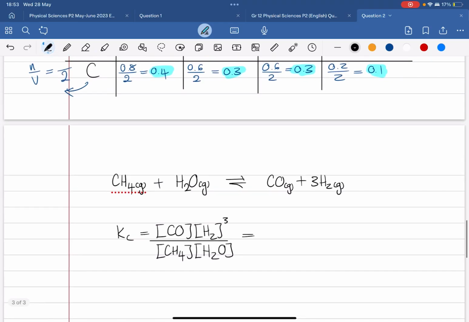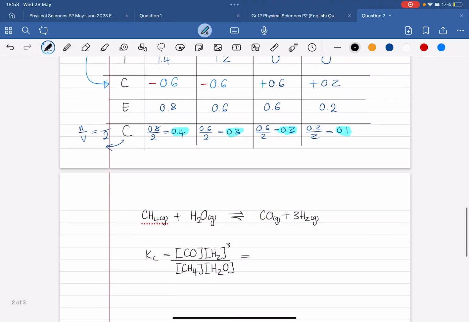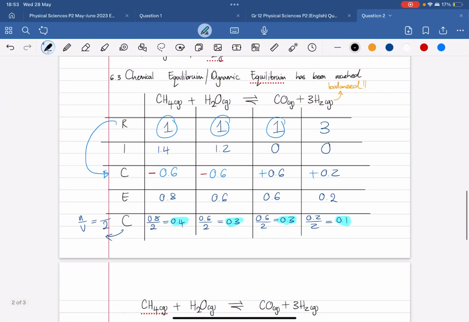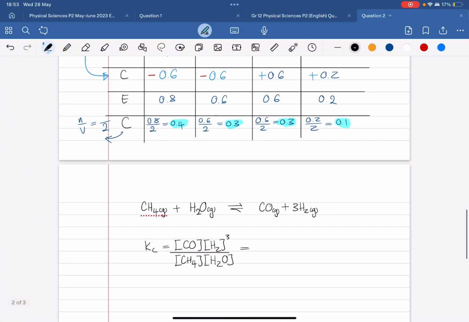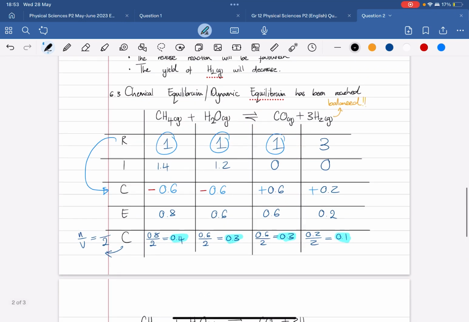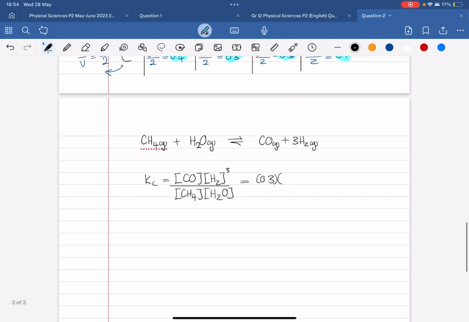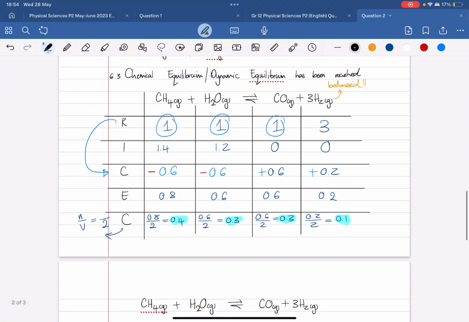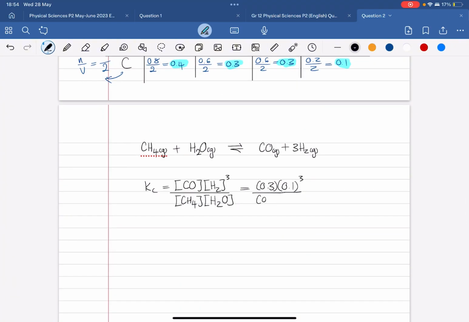And now I can substitute my values. So for carbon monoxide, I've got 0.3. For hydrogen gas, I've got 0.1. And remember, that is to the power 3. For methane, I've got 0.4. And for steam, I've got 0.3.